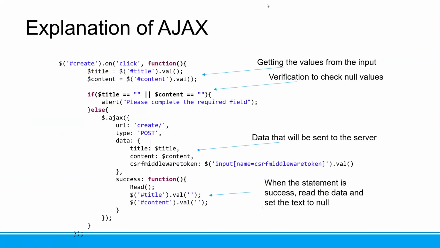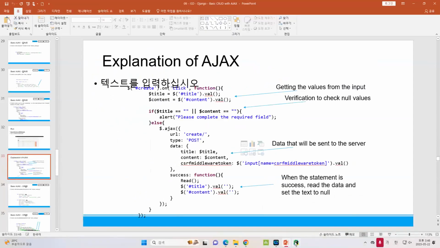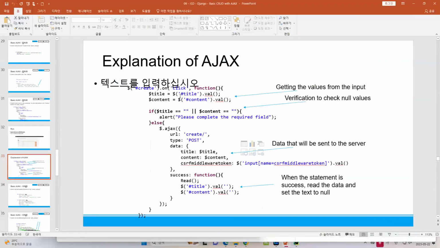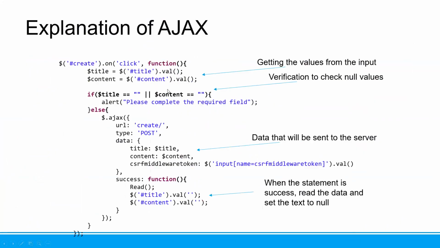I want to get the value of the ID title, and I want to get the value of the ID content. If you look at the code, we have the ID title and the ID content. I want to put them into the variable title and the variable content. I'm using the dollar sign because I want to access the HTML.